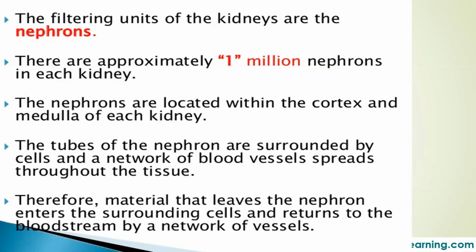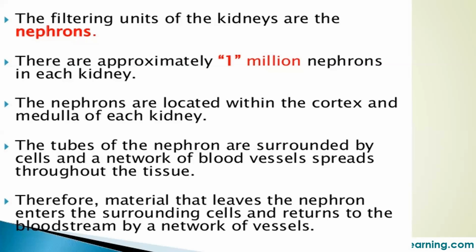Those tubes are surrounded by simple cells and also a network of blood vessels. Why a network of blood vessels? As nephrons act as a filtration unit. What do the nephrons have to filter? The blood. So blood vessels must be there to supply the blood and to take the purified blood. That is why these nephrons are covered with a network of blood vessels.